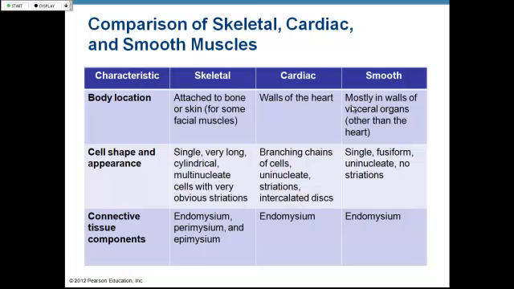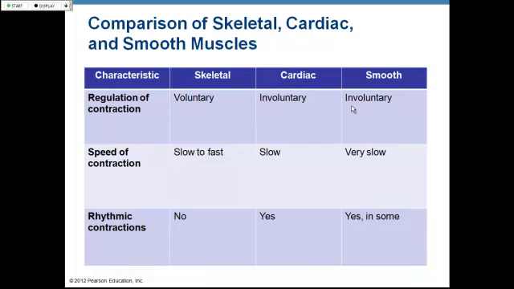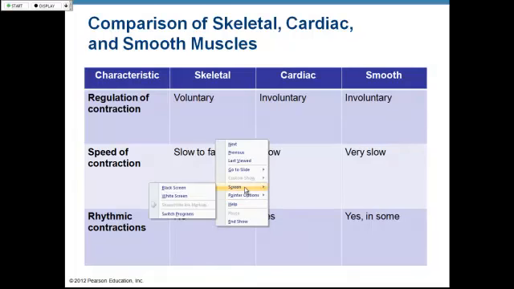Okay, I'm going to write on this to show you how we can distinguish one type of muscle from another, using whether it's striated or not and the type of innervation. So I want to go to pointer options, and I want it to be a felt pen.